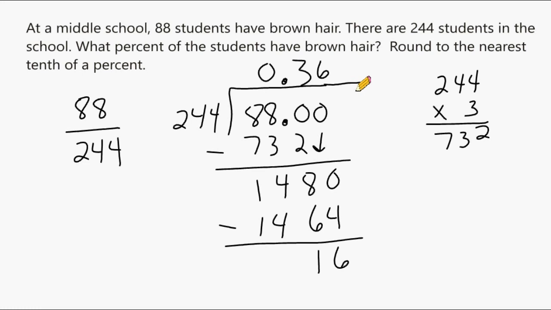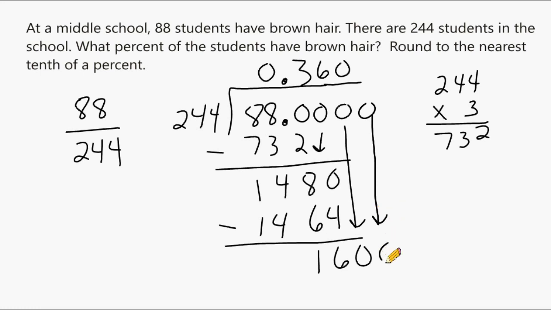But remember, the problem told us to round to the nearest tenth of a percent. So to do that, what we're going to have to do is add another place value. So we're going to write a 0 right here and bring it down. And 244 cannot be divided into 160, so we put a 0 in this spot. And we're going to add another 0 and bring that down. And divide 244 into 1600.